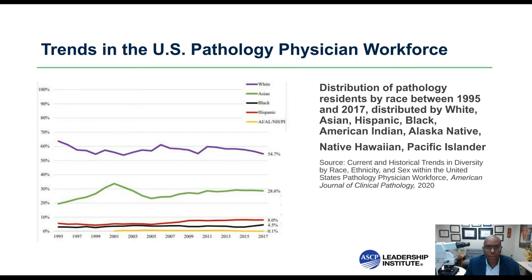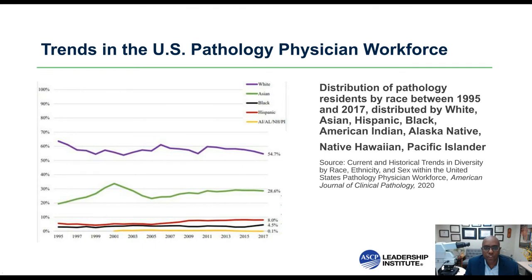Now, if you look back, you see that nothing has really changed over a 22-year period, from 1995 all the way to 2017. There's no significant trend in the rate of change per year in underrepresented minority pathology resident representation. And here on top, you can see the purple is white, green is Asian, and everybody else is on the bottom.